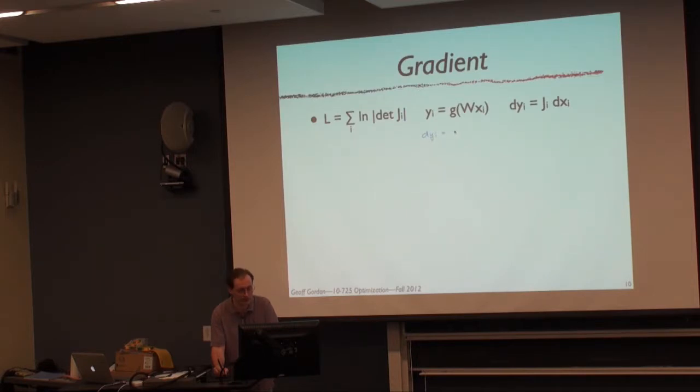For each component, it's going to be g prime of the corresponding component of Wxi, then times the derivative d of the corresponding component of Wxi. And because we're doing it component-wise, it's the Hadamard product. We take the product on each component. And that's equal to then, well, let's see.